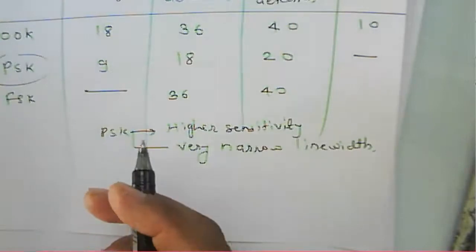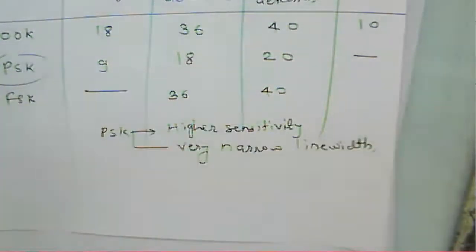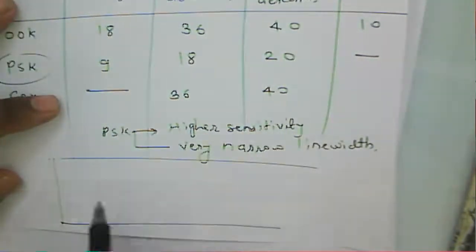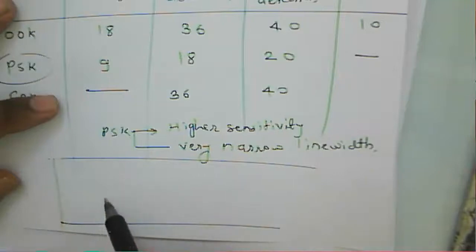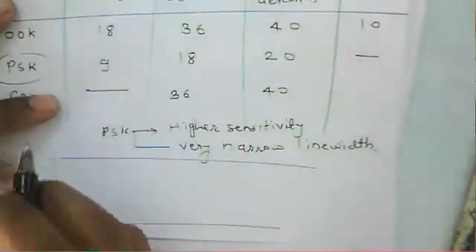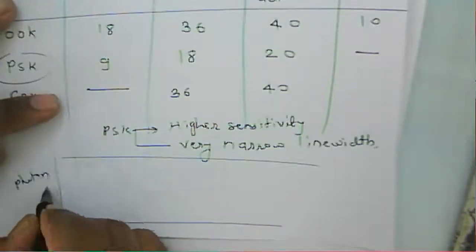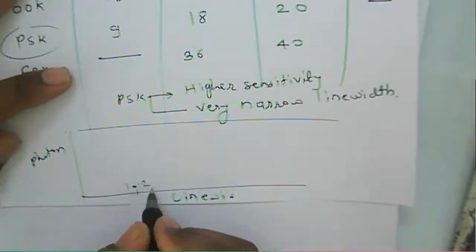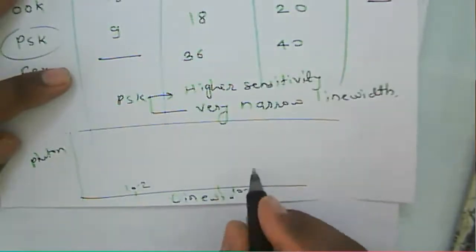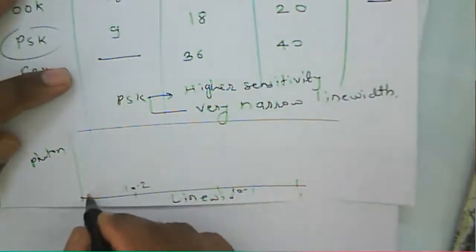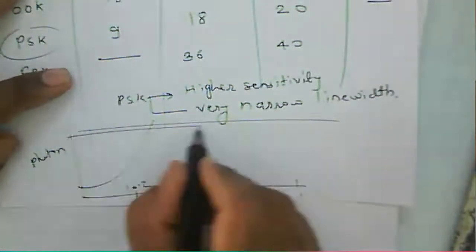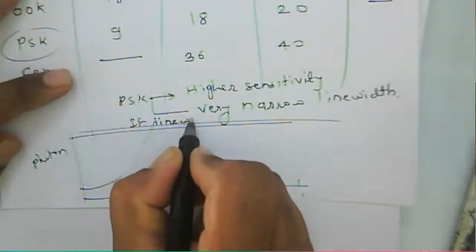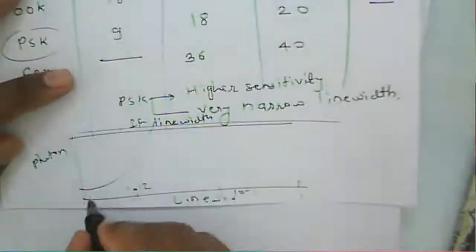So if you consider the linewidth and all other factors for this PSK, suppose you consider a linewidth graph against the required number of photons. It is about 10 to the power minus 2, 10 to the power minus 1, and 1. So PSK supports a likewise linewidth. This is the IF linewidth, and this one is the linewidth for PSK.